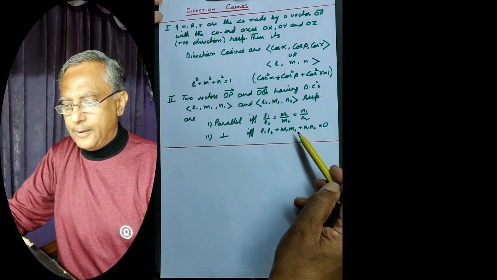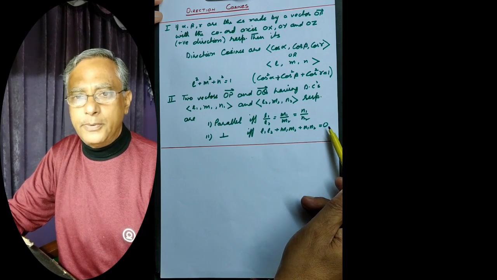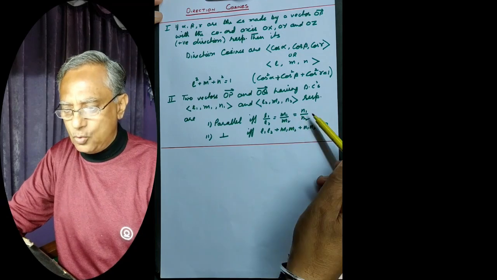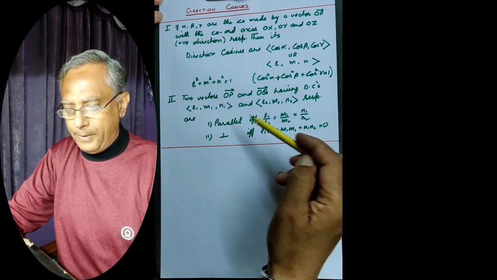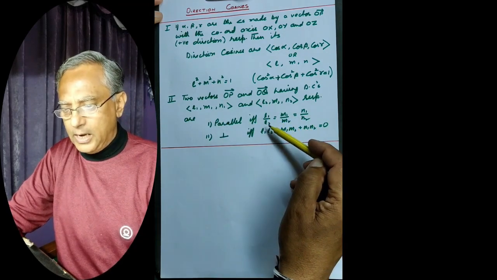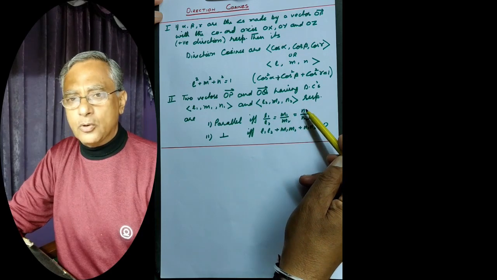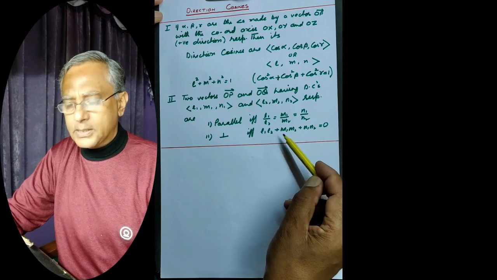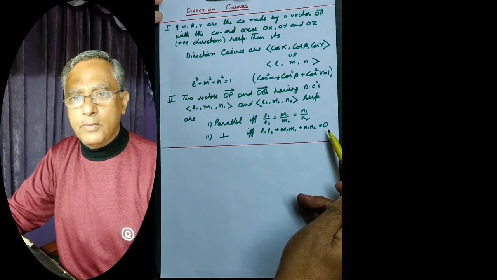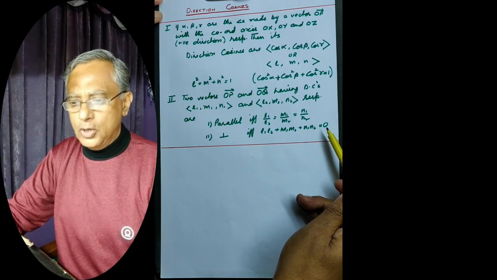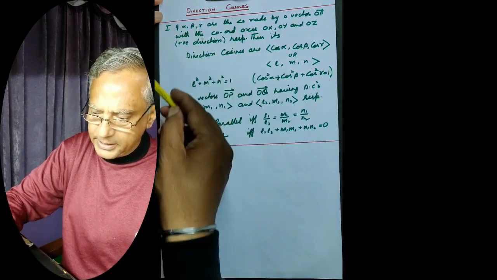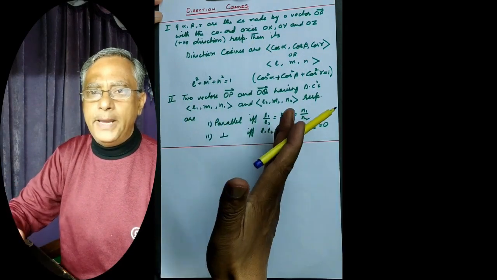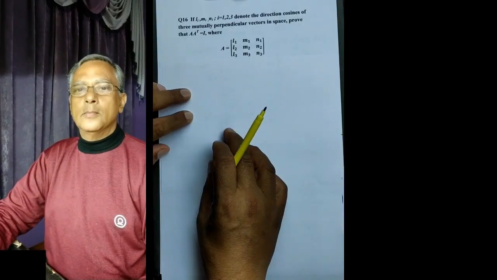So you must remember these two results. For parallel, L1 over L2 equals M1 over M2 equals N1 over N2, and for perpendicular, L1 L2 plus M1 M2 plus N1 N2 must be equal to 0. So with this basic knowledge about direction cosines, we come to the main question.